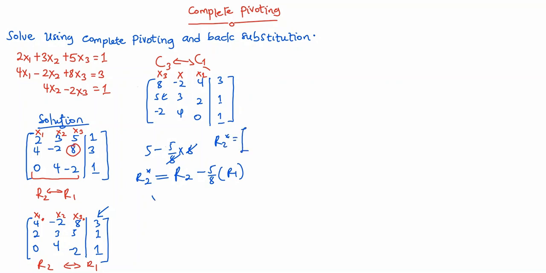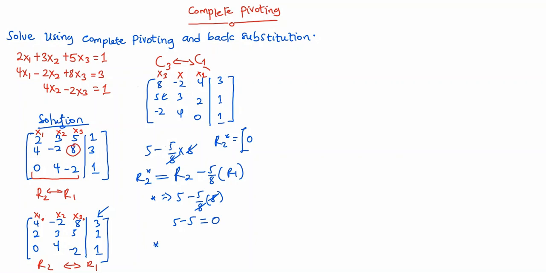For the first one, we are going to have 5 minus 5 on 8 multiplying 8. This will cause this 8 to cancel out, and then you're going to get 5 minus 5, and this will be equal to 0. So our first entry for the new row 2 is 0, and that's one of our main goals here.